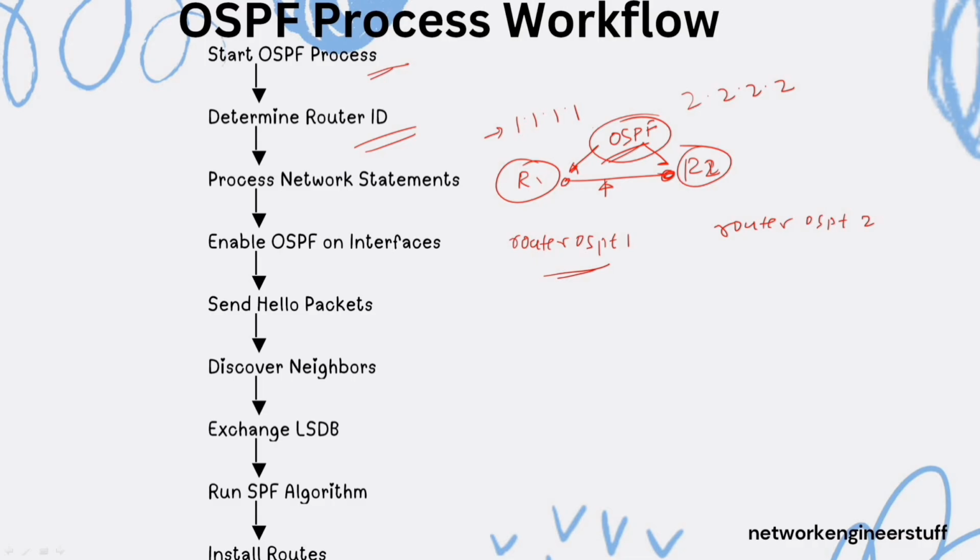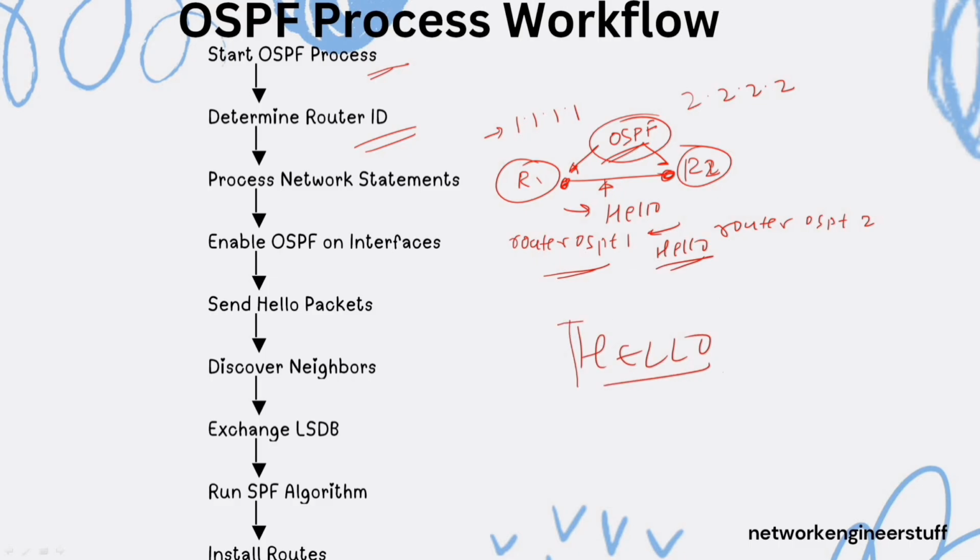When we say OSPF is running on the interfaces, we actually verified it by using the command show IP OSPF interfaces brief. A very important point: once the interfaces are enabled with OSPF, hello messages are exchanged between these 2 routers.